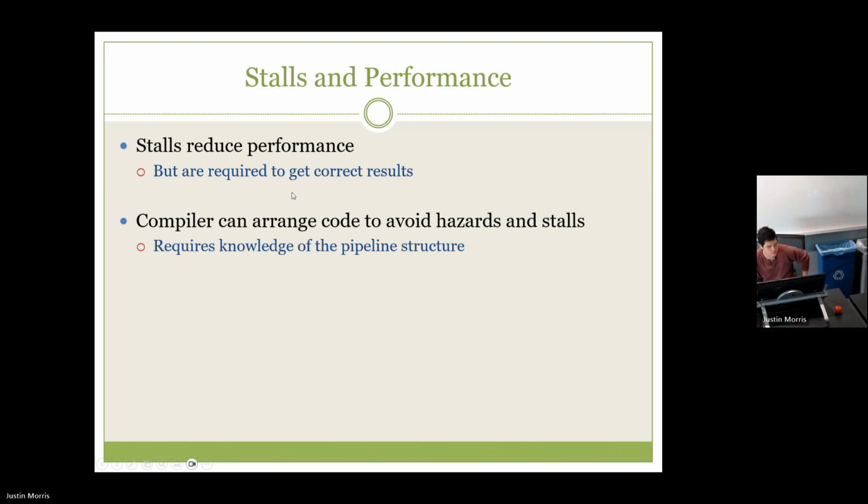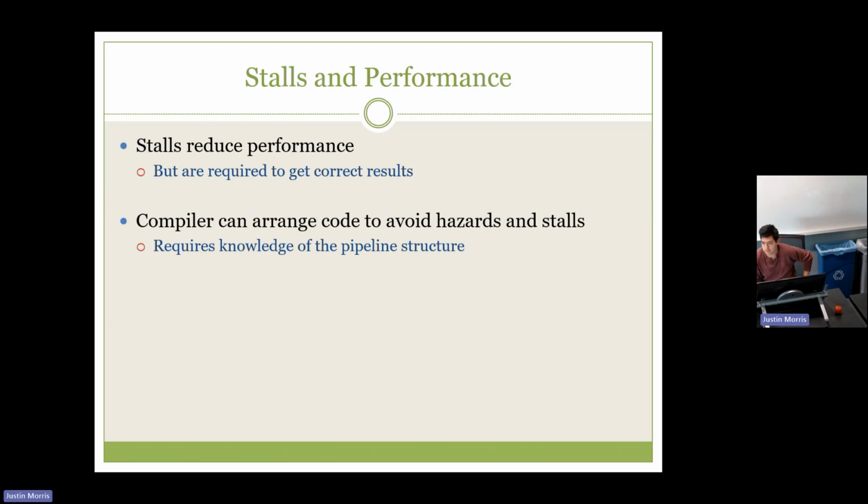So one thing that we can do, along with our on-the-fly detection, is have the compiler rearrange code to avoid hazards and stalls. And this just requires that the compiler has some knowledge of the pipeline structure.